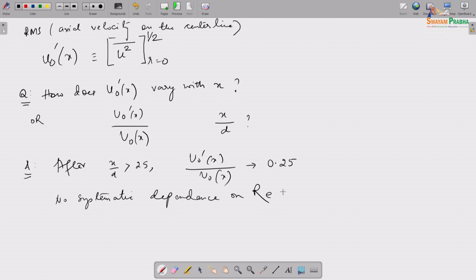So, it seems like it becomes self similar, we are looking at x by d.